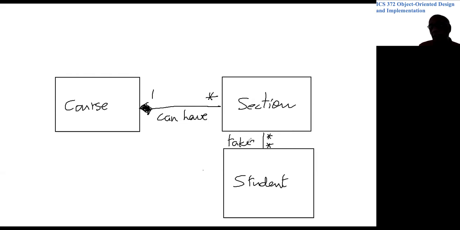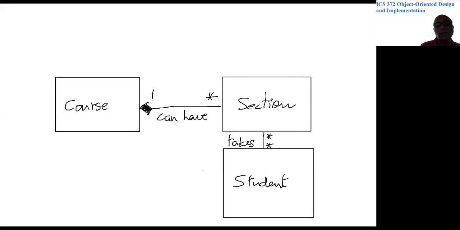Maybe something like "takes", from the viewpoint of the student: a student takes sections and indirectly they take courses, right? "Enrolls in" may be a better alternative. So here I put star, star, meaning this is many-to-many. A section can have multiple students and the same student could take multiple sections, of course possibly of different courses usually.